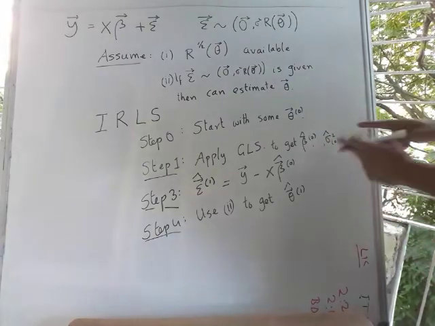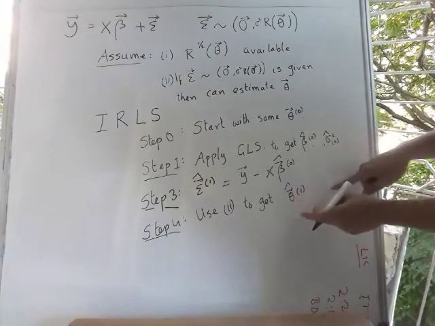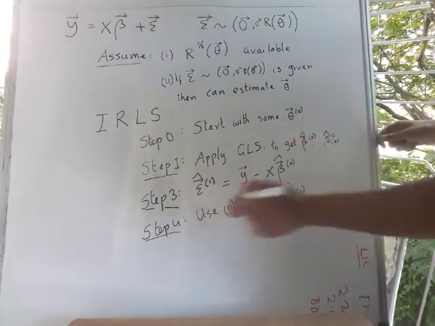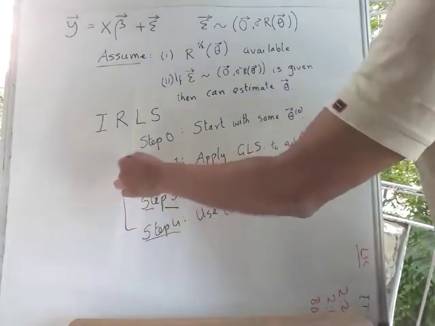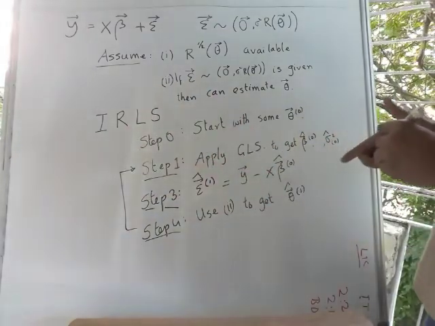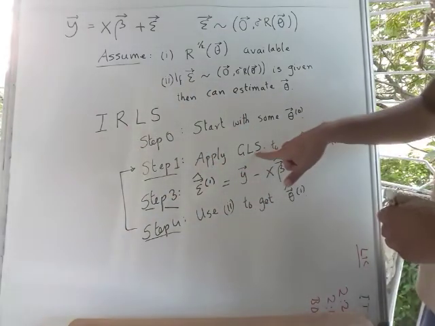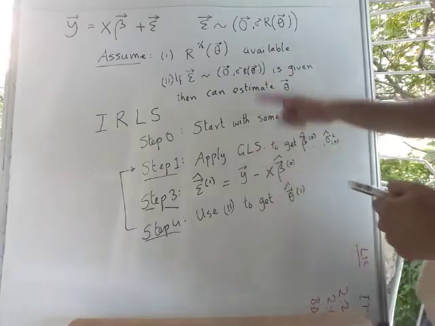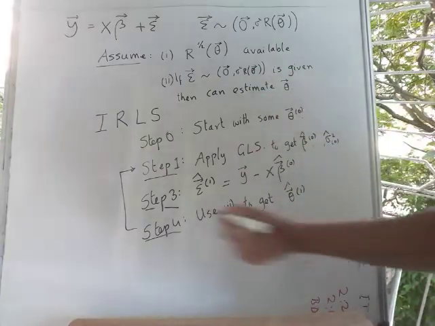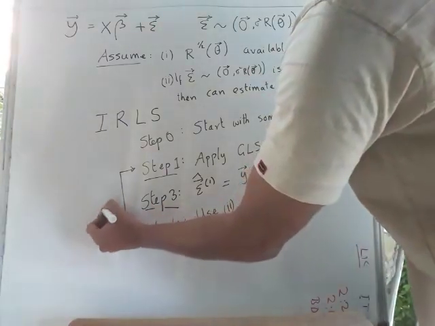So now you get these values. And with this, you get back to step 1. With this new value, you again apply GLS, and you keep on doing this until you converge.